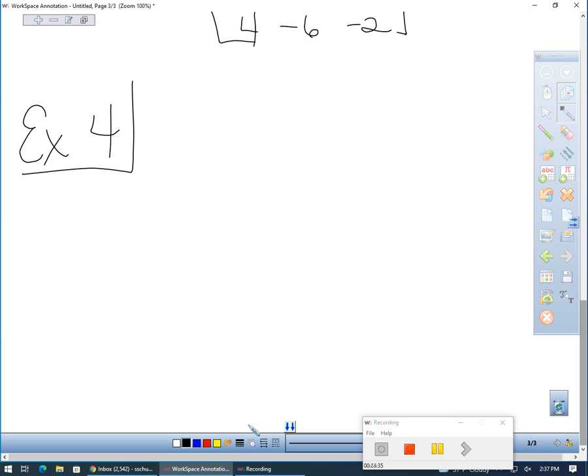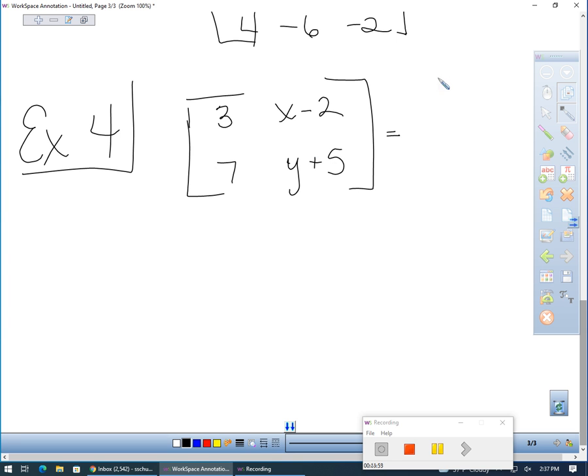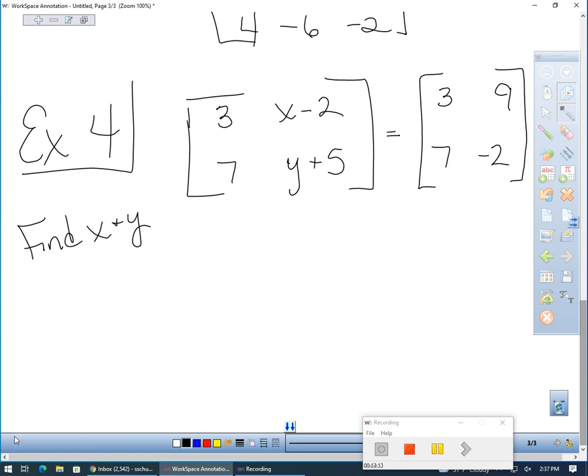So what I mean is, if I have a matrix, let's say 3, x minus 2, 7, and y plus 5 equals 3, 9, 7, negative 2. And I want you to find x and y.